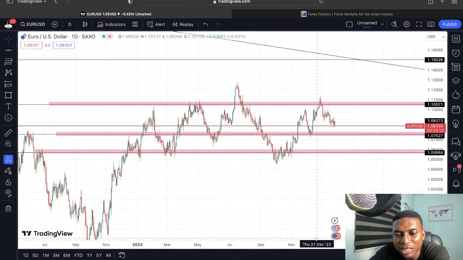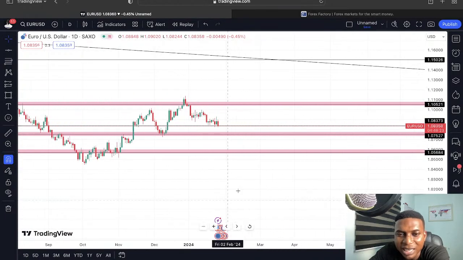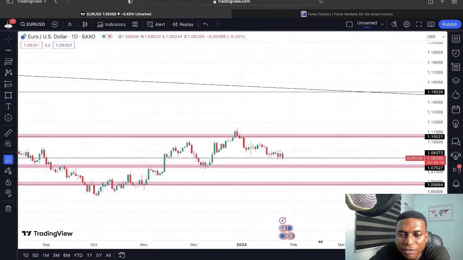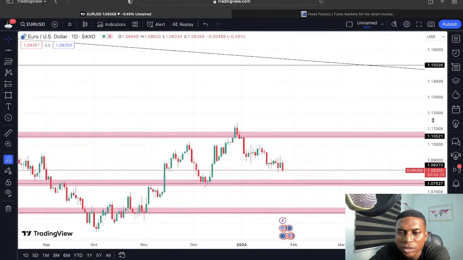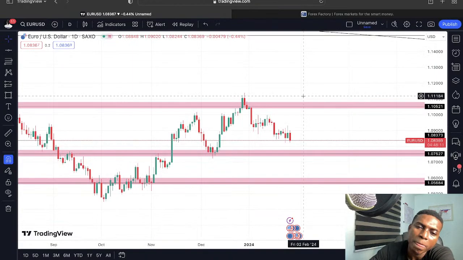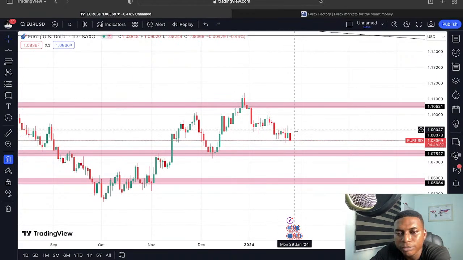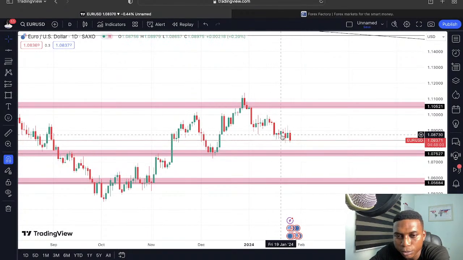Now on this daily time frame, let's look at the last three candles. Okay, the last three candles have been given both buy and sell pressure. Okay, mostly sell pressure at this level.